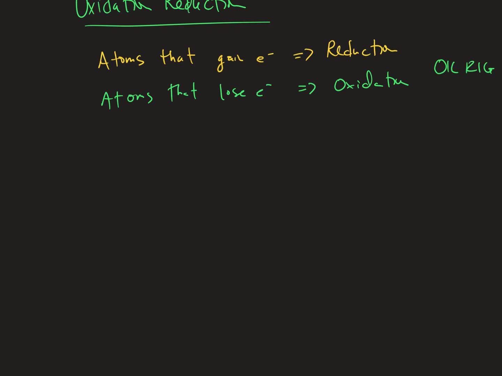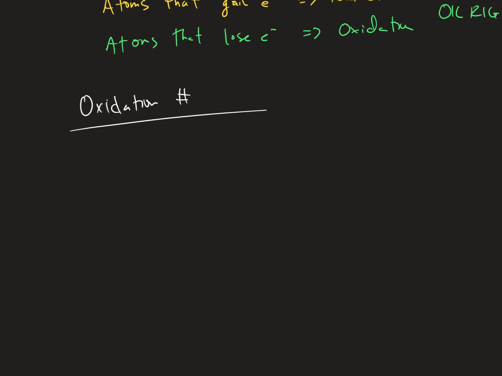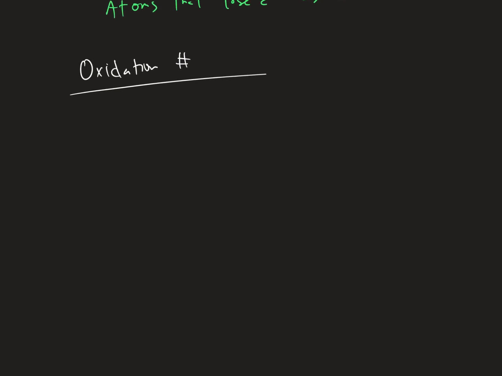So here we go. We need to find the oxidation number. And here are the rules that help us determine the oxidation numbers. The first one is, we talked about iron or magnesium being oxidized. That's why we call it the oxidation reduction. Does it mean the element besides oxygen is oxidized?